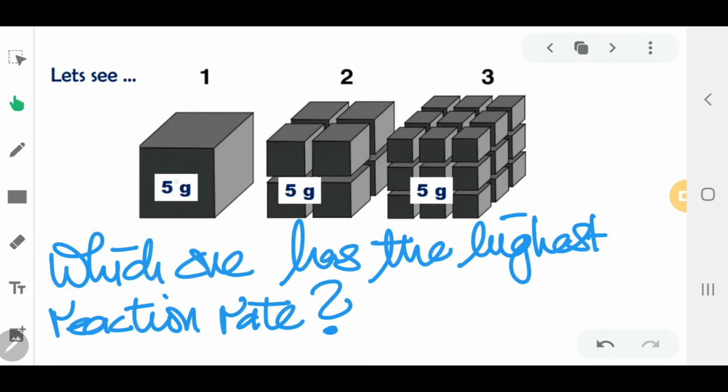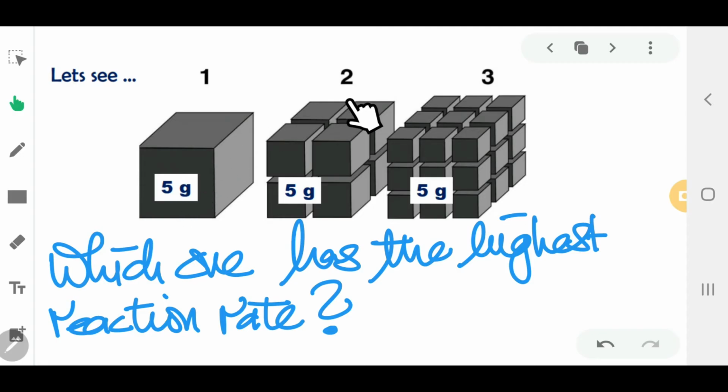And to start, let's have a look at the situation we have in front of your screen. Suppose we have 3 conditions of the same compound. Condition number 1, you have 5 grams of the compound as a single particle.